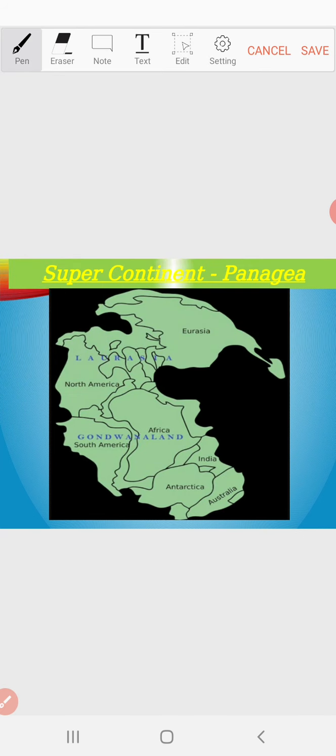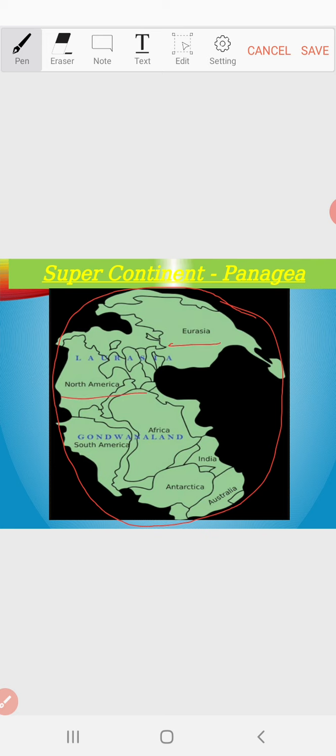Now just see this entire picture of that united landmass. You can see all the present continents of our present world attached with each other. There is no gap in between.